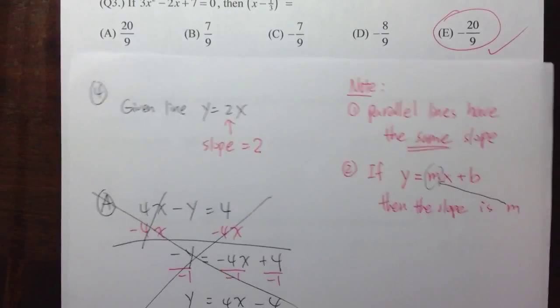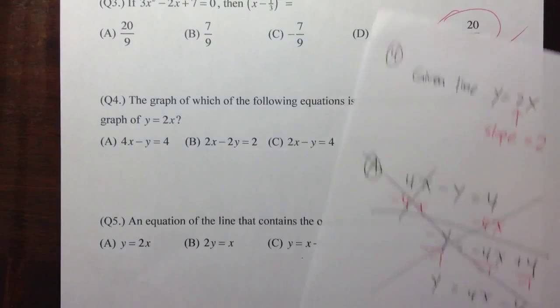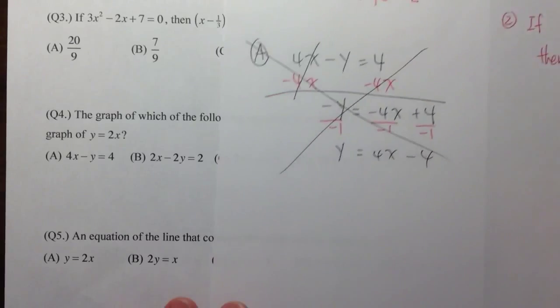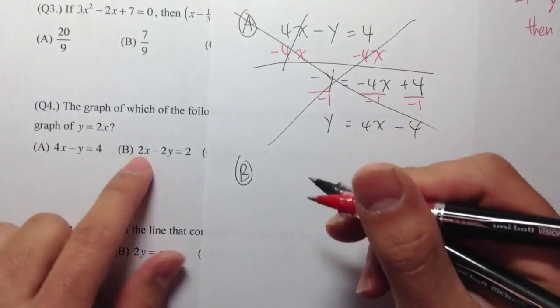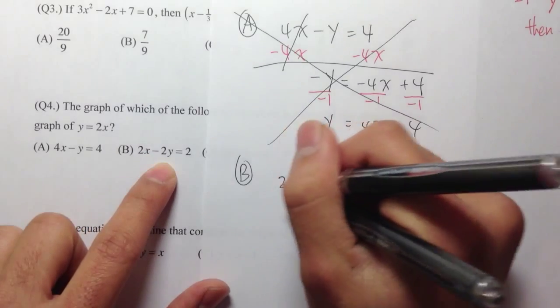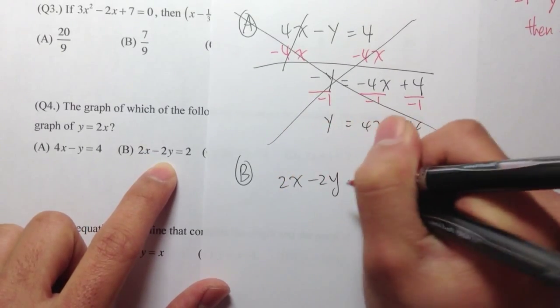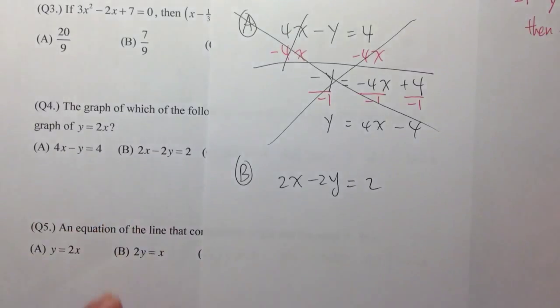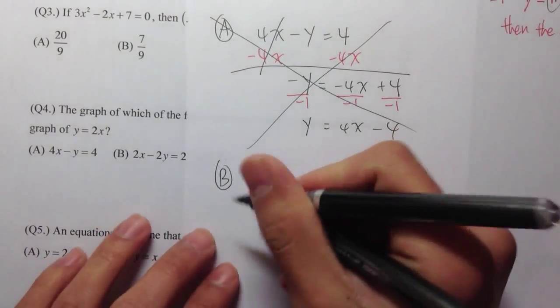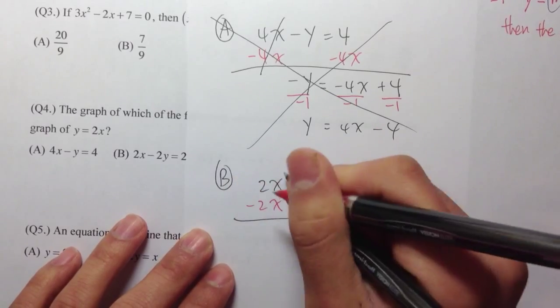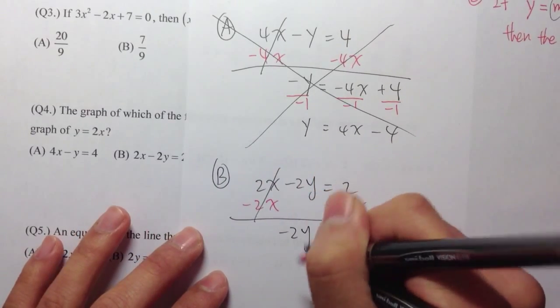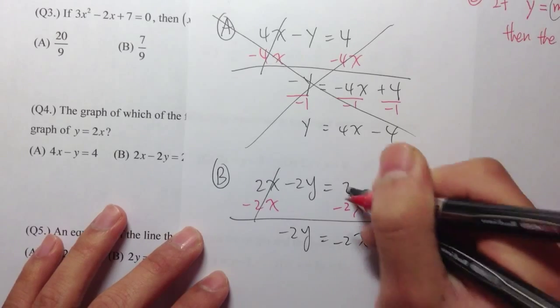Okay, then let me do the second one. For B, I have 2x minus 2y equals 2. To isolate the y, subtract 2x on both sides. They cancel, and I get negative 2y equals negative 2x plus 2.